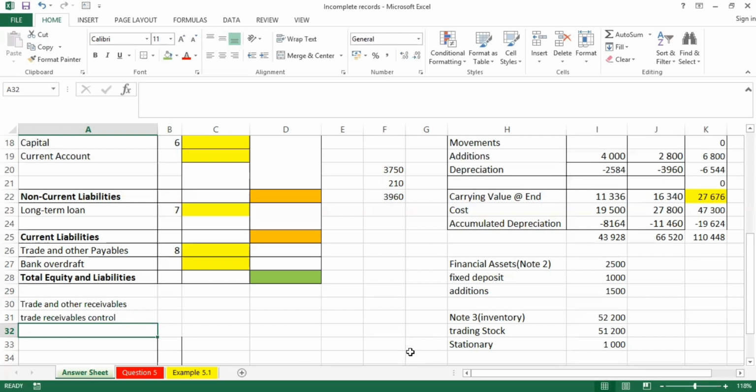Trade receivables control less allowances. Allowances for credit loss.